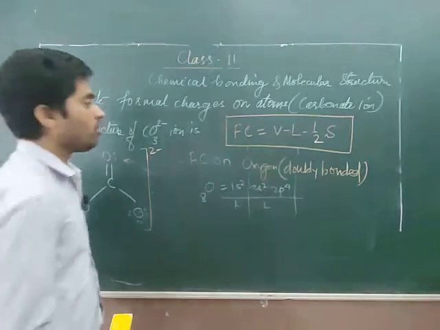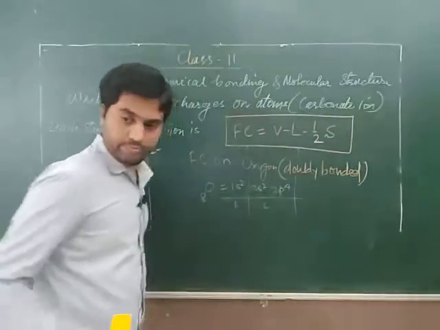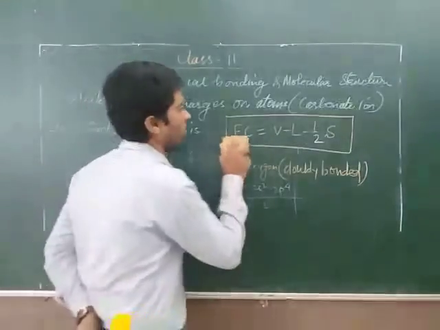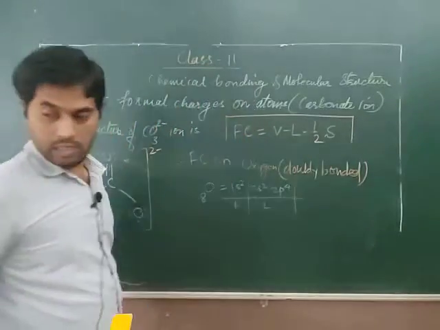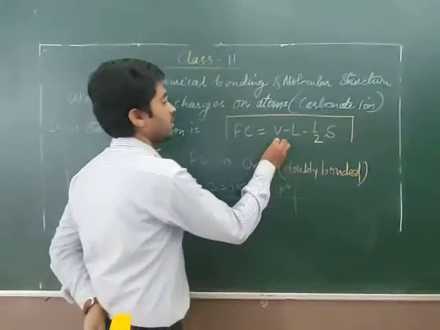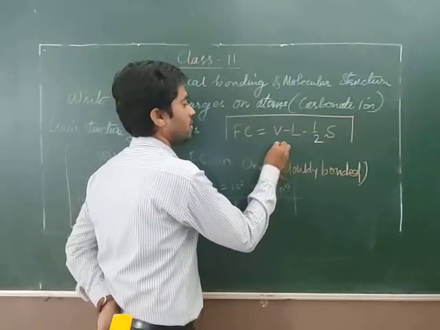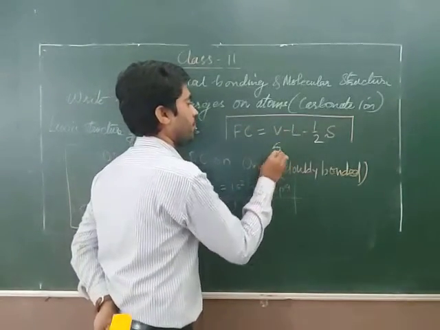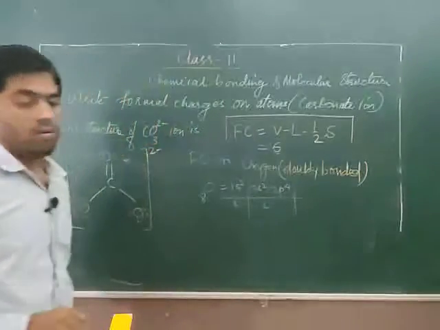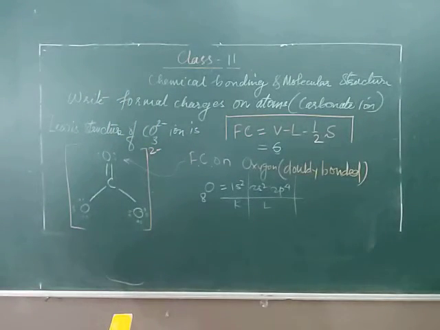Now put this value in the formula. See carefully, the valence electrons are 6. L means the total number of lone pairs.